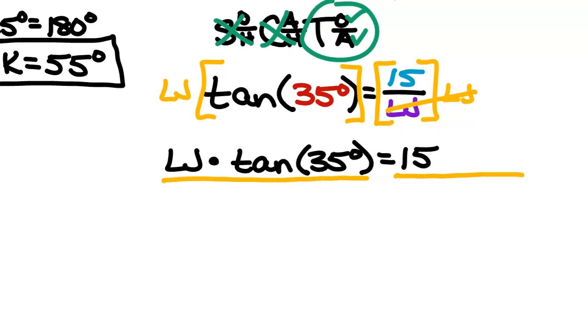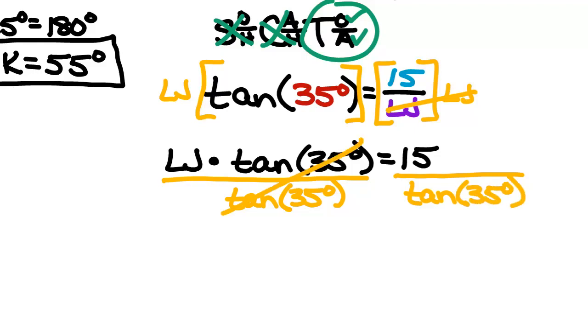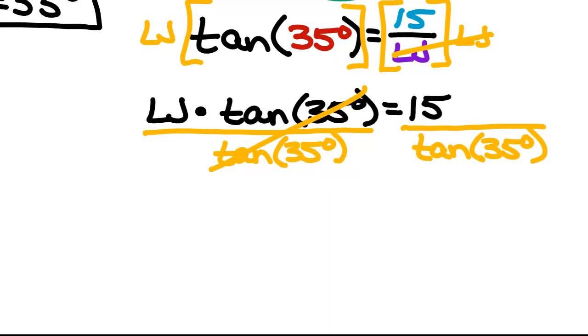We divide both sides by the tangent of 35 degrees. And then you can pop it into your calculator. 15 divided by the tangent of 35 degrees. Yes, 21.422.